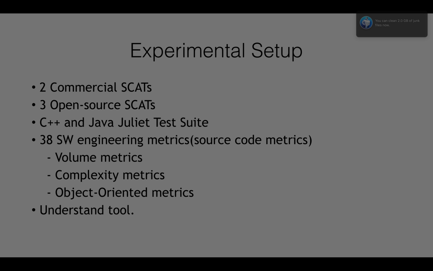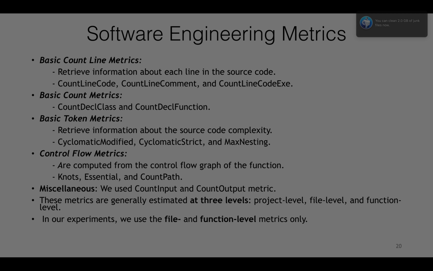The 38 software engineering metrics were divided into 3 main groups: volume metrics, complexity metrics, and object-oriented metrics. In general, software engineering metrics are estimated at 3 different levels: project level, file level, and function level.